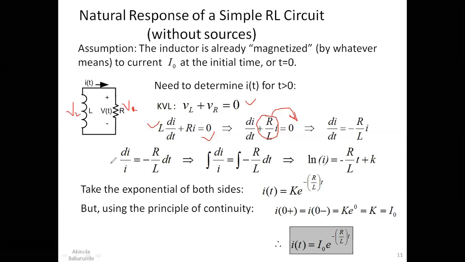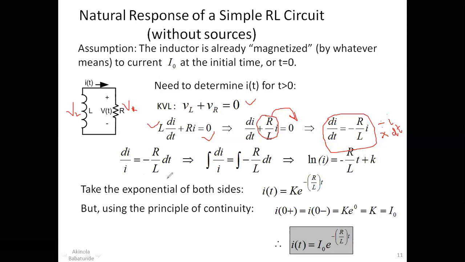Divide everything by I and multiply everything by dt, and you are left with di over I equal to minus R over L dt. To find I, all you need to do is integrate both sides.